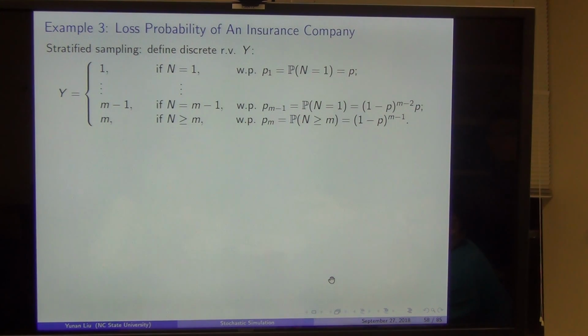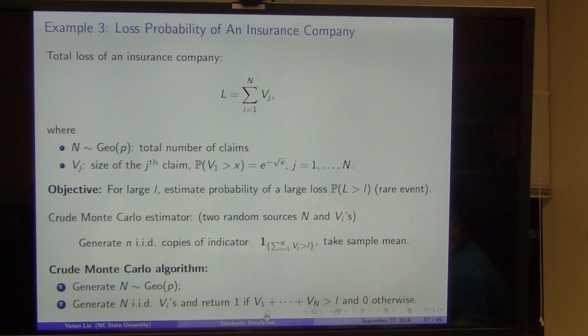Right? So come back here and look at the crude Monte Carlo estimator. The variance comes from two sources. There's randomness in the generation of n. Given n, there's randomness in the generation of Vi. The idea of the stratified sampling estimator is to eliminate randomness in n. But we can only do so partially.